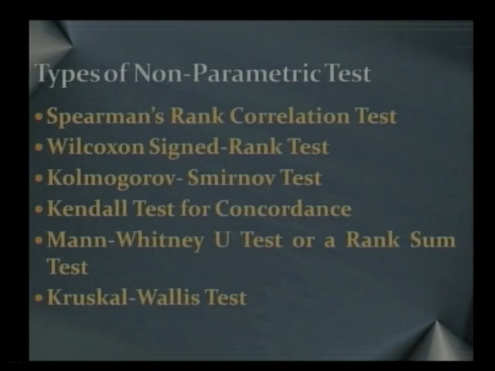If the samples are not small and we want to test the average or the single mean, then the test for single mean is there, etc. These are tests related to the parametric test. Similarly, here non-parametric tests are there.